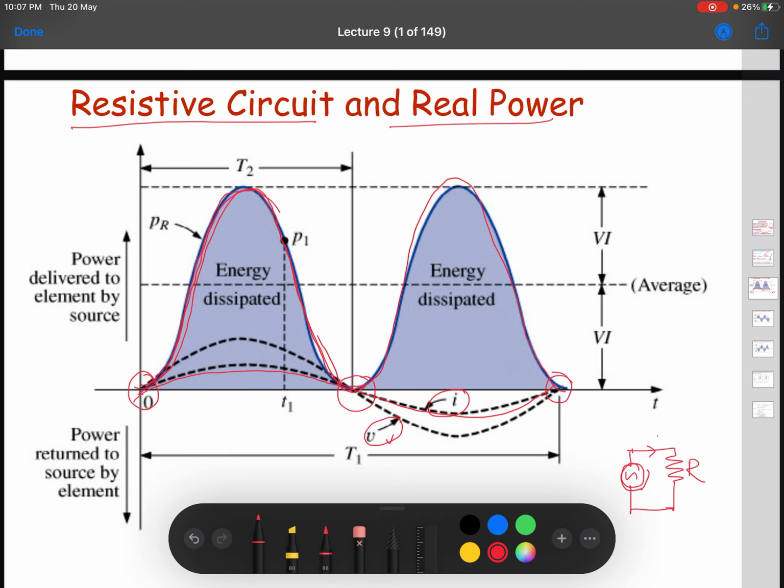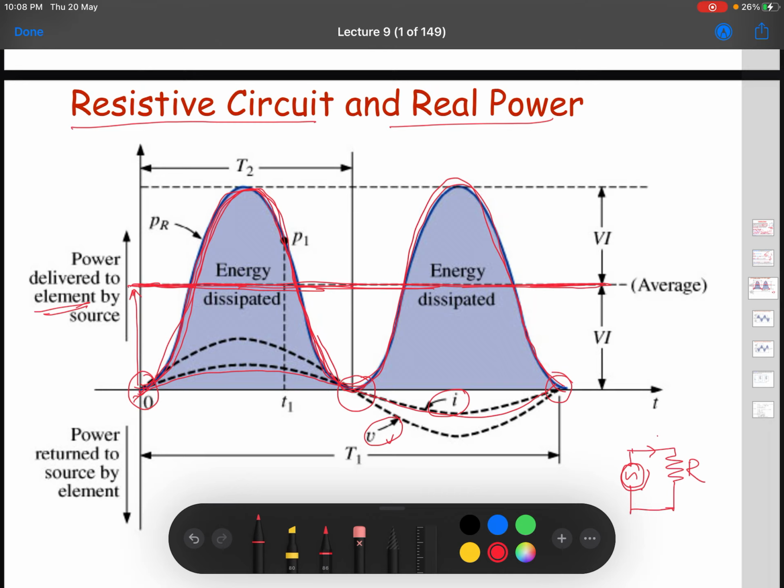This is the power part, and this is the average around which the multiplication happens, and it is basically a sinusoid. So the energy dissipated, that is V into I, is also sinusoidal, and it is always positive. It lifts up here, so there is some average part around which it is sinusoidal.